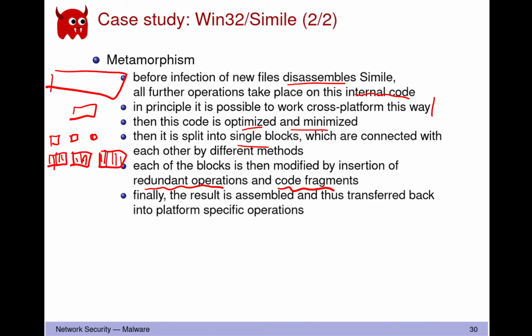And basically, this is then the new big part. So in every file, in every infection step, the file is disassembled, changed in a way that it looks different, and reassembled again, to make it more difficult to detect.